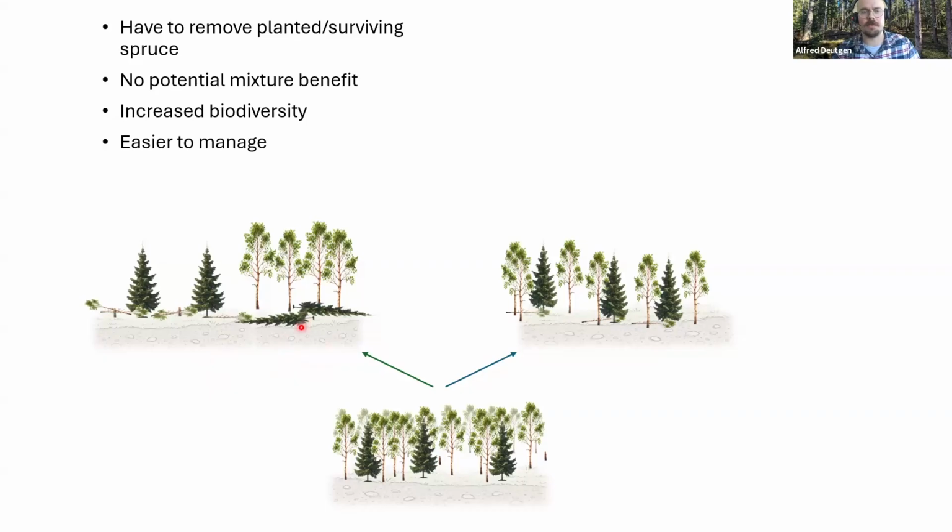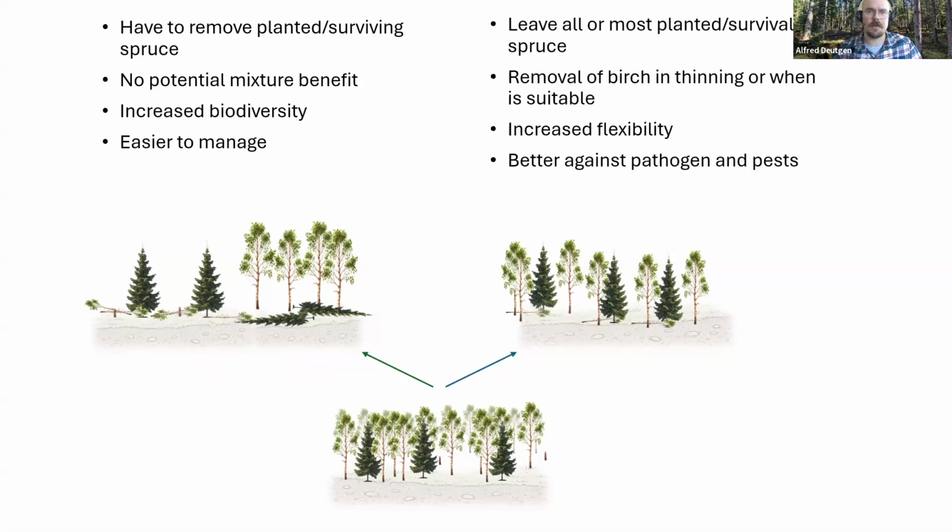You can have it long term since it's easier to manage, while in the intimate mixtures, you can leave most of the planted or survived spruce, and you can remove the birch in the thinnings instead, which also increases flexibility. And this is also better against pathogen and pest. However, it will be harder to keep the birch until final felling and with high production.